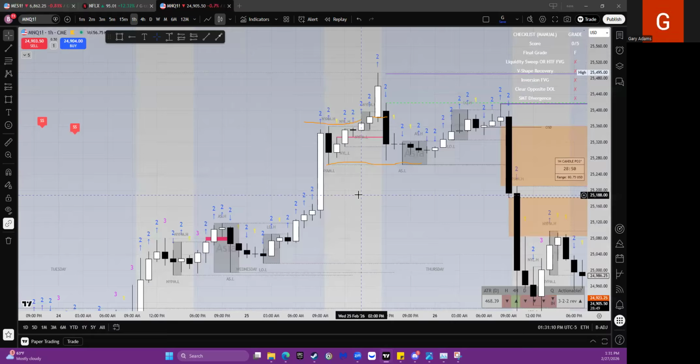So you can use your liquidity sweeps. Even here, we got a liquidity sweep with this two to the upside. And then what did we get? We ended up making the two to the downside. Once that two came to the downside after the liquidity sweep, price just went crazy to the downside. So you can definitely pair the strat and use it in good ways.